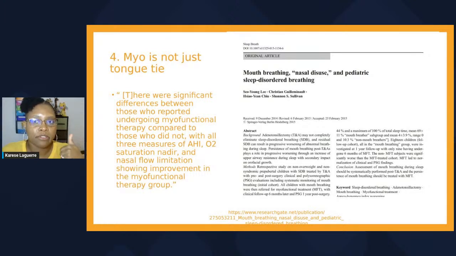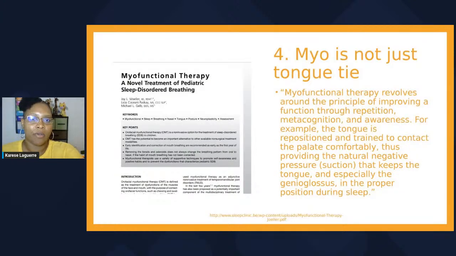So we were able to achieve a lot of improvement with oxygen saturation, our ability to nasal breathe, and the apnea hypopnea index. It's really, really a wonderful, like game changing treatment.